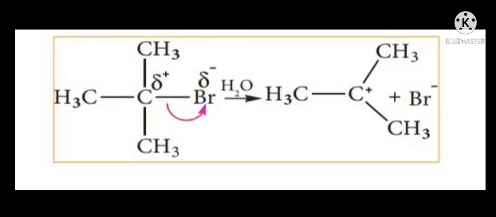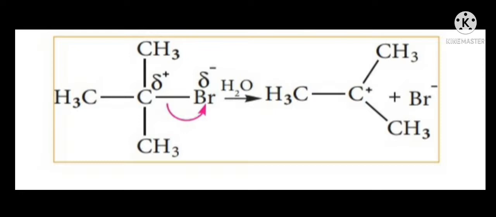For example, in tertiary butyl bromide, the carbon-bromine bond is polar. Here, bromine is more electronegative than carbon.